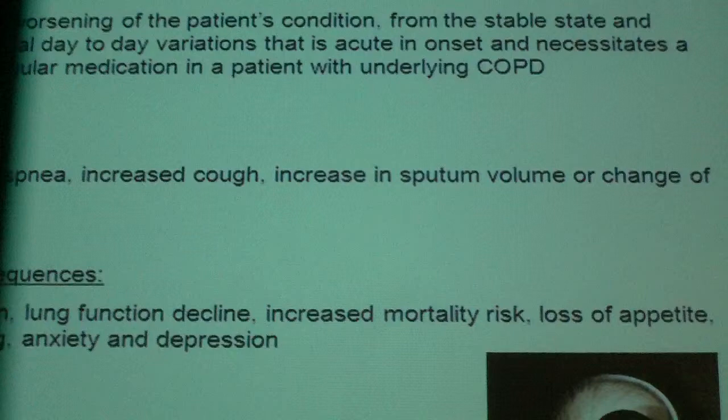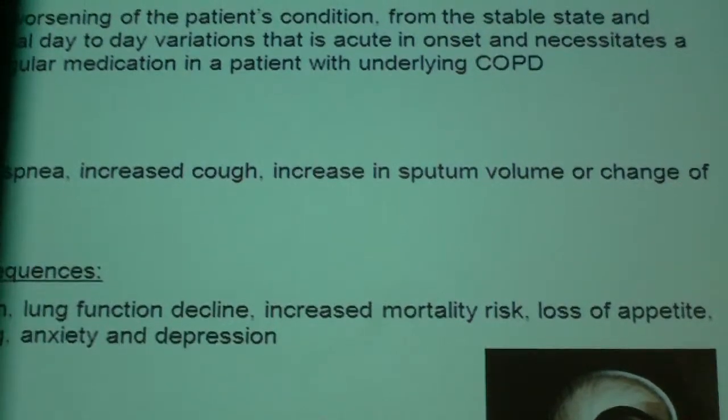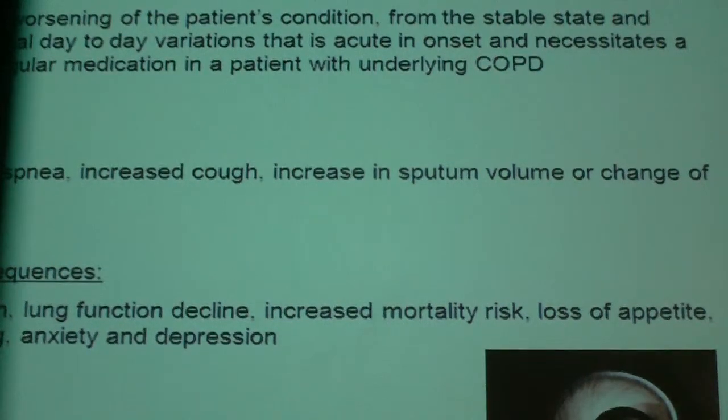The definition of such an exacerbation is a worsening of the patient's condition from the stable state that is beyond the day-to-day variation in symptoms. It's acute, and it needs some extra management from the doctor, some change in medication. That's the definition of an exacerbation.